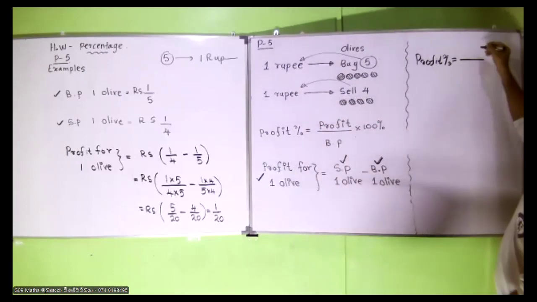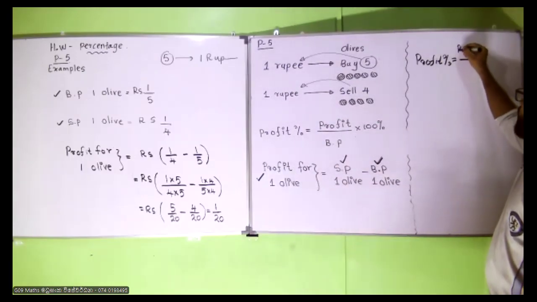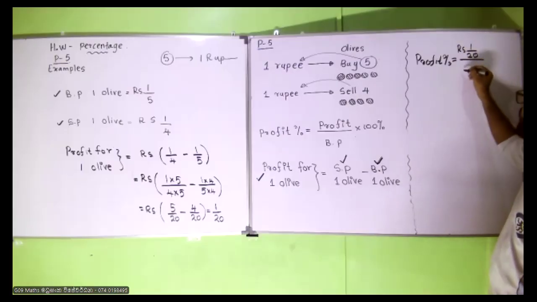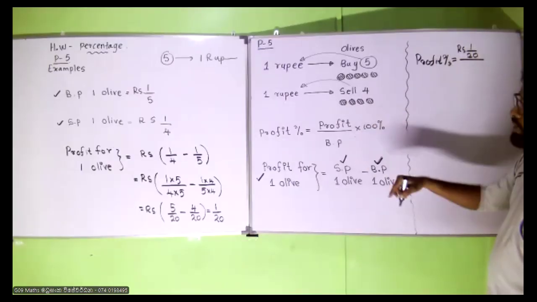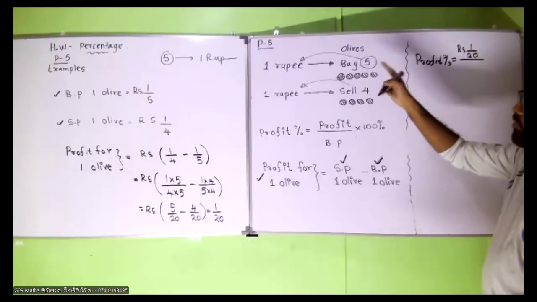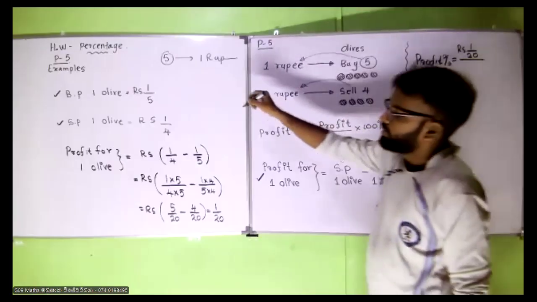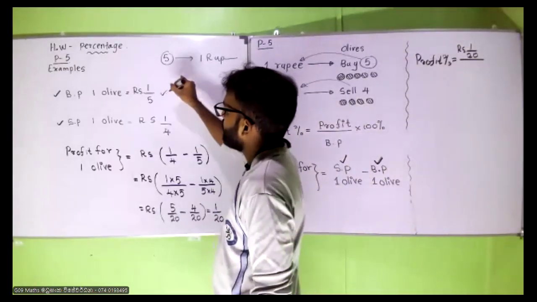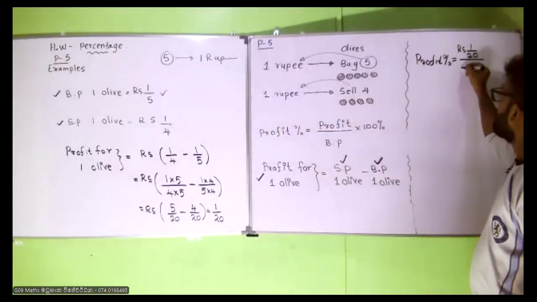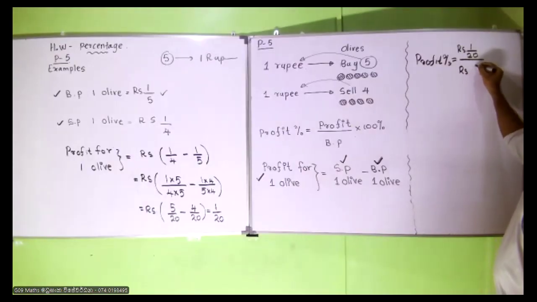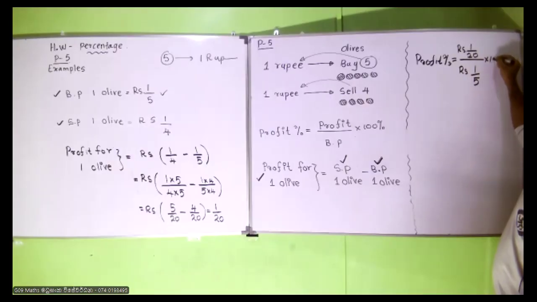Profit is 1 upon 20, 1 divided by 20, and buying price. Buying price for 1 olive is 1 upon 5. Multiply by 100%.